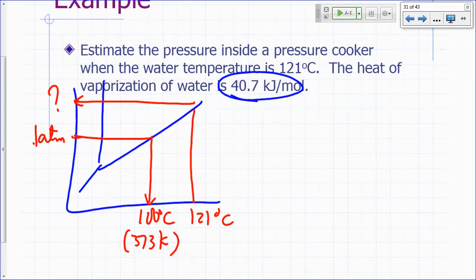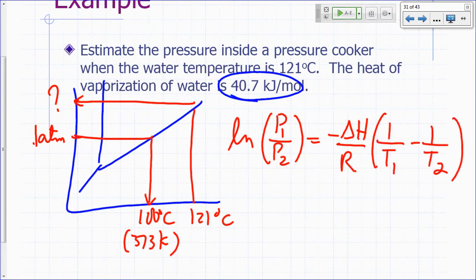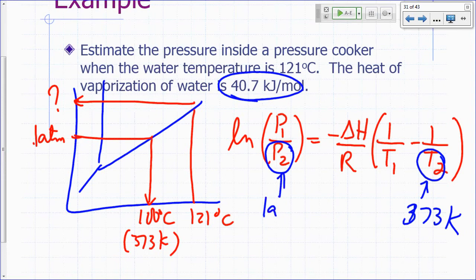So how would we solve for this? We say ln of P1 over P2 equals negative delta H of vaporization over R times 1 over T1 minus 1 over T2. So what numbers do I plug in here? I can say that when T2 is 373 Kelvin, my pressure is 1 atmosphere.